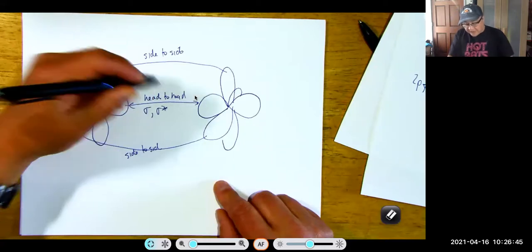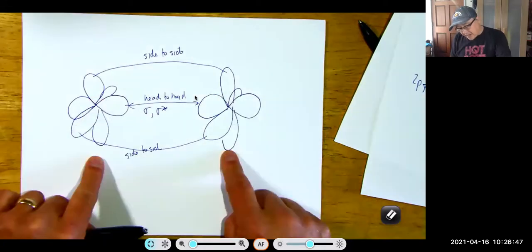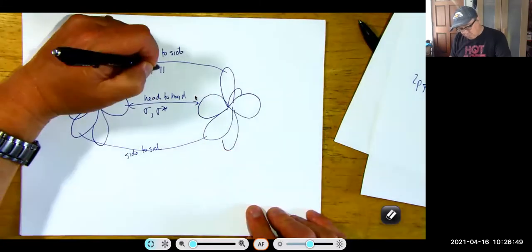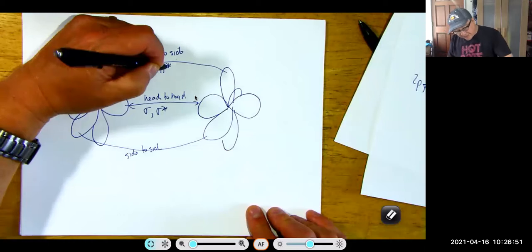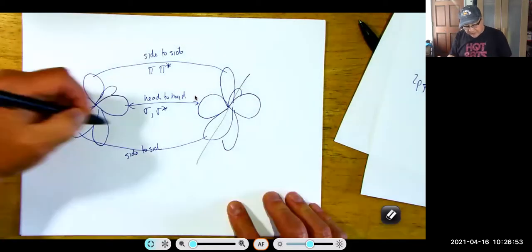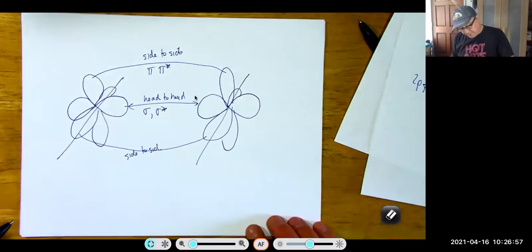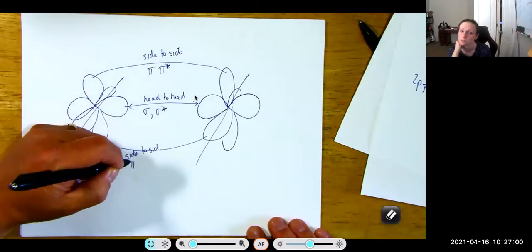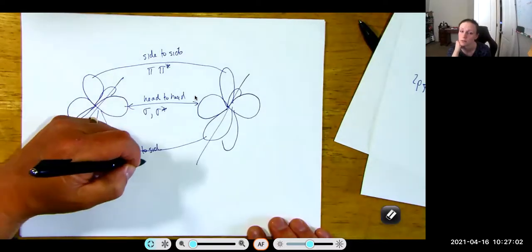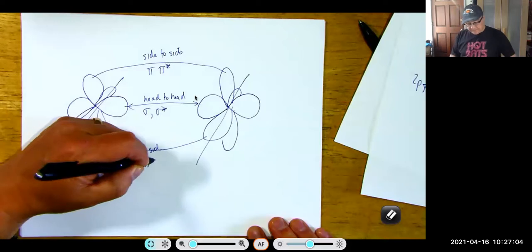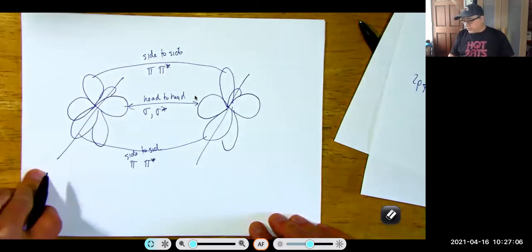These 2 Y's side to side, you're going to get a pi and a pi star. And here on this Z axis, when these 2 come together side to side, what are you going to get? Pi and a pi star. Okay.